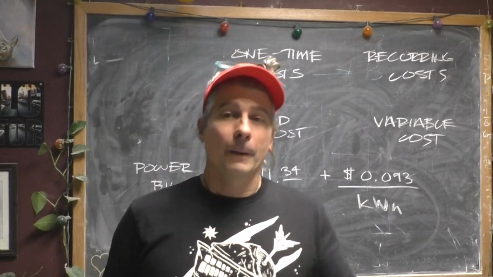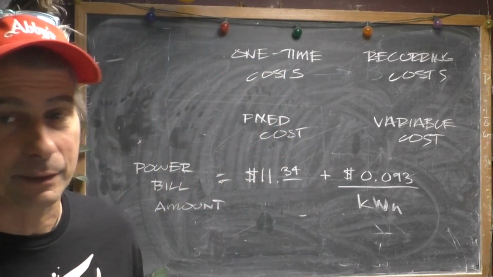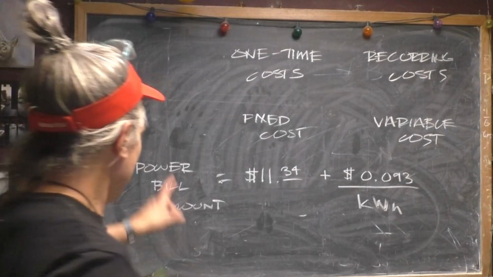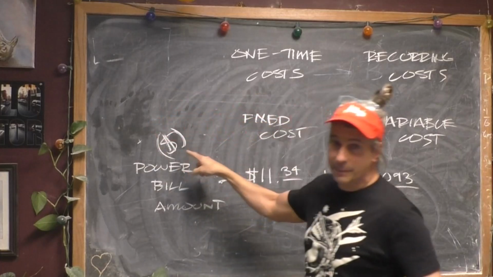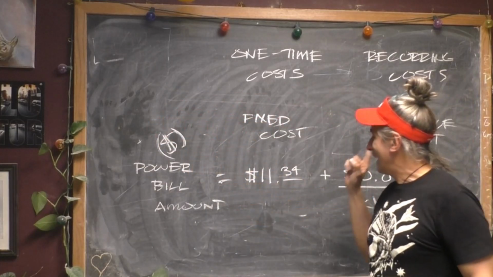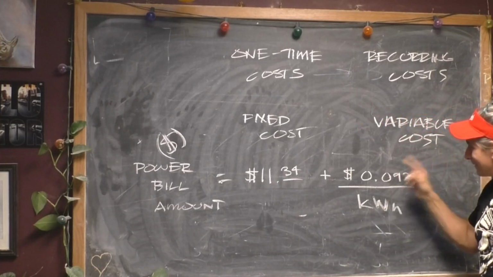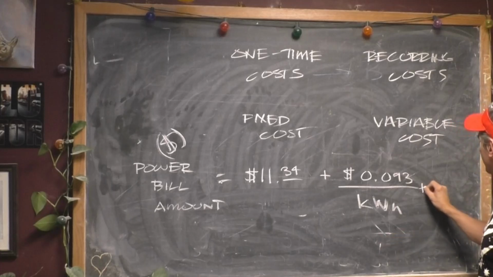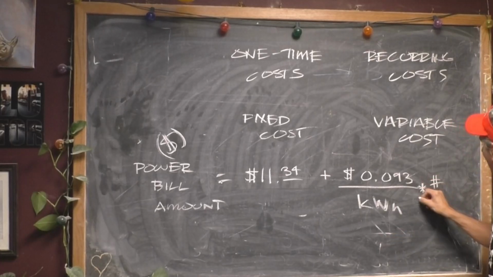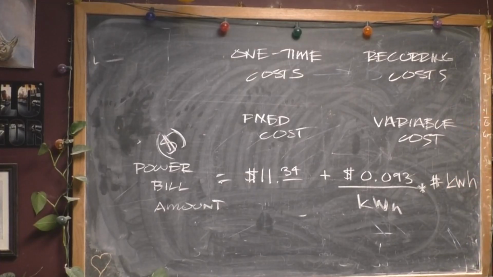Now, using dimensional analysis, because it never goes away, this power bill amount needs to be in dollars. Has to be in dollars. This is already dollars. Yes. This is not just dollars. It's dollars per kilowatt hour. So dimensional analysis says we have to multiply that by the number of kilowatt hours that we use.